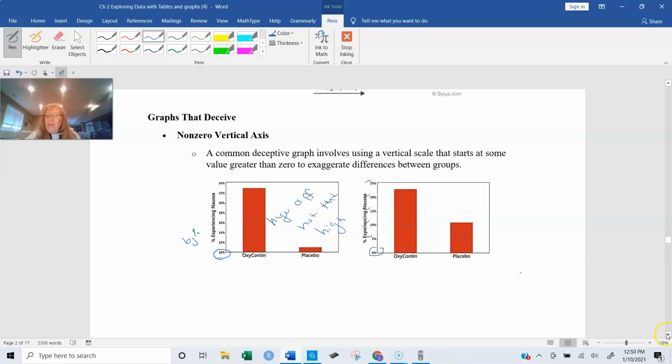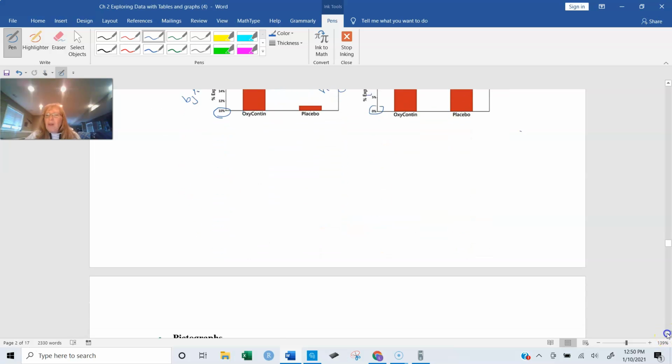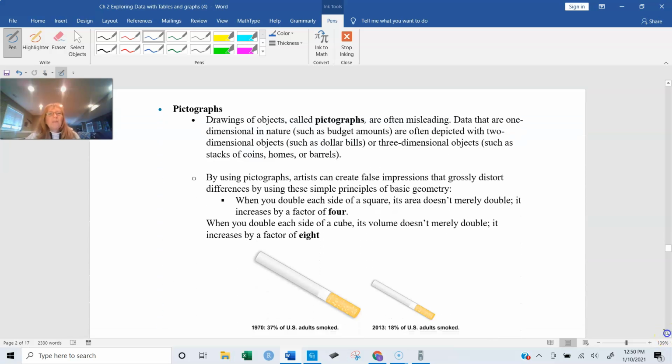They're kind of cool. The next one we have to look at are pictographs. That's when we use images, which is nice when you want something aesthetically pleasing, but you have to be careful. Usually on a one-dimensional thing, if we use a dollar bill, and I say it's doubled, so I'm going to double both the height and the length.